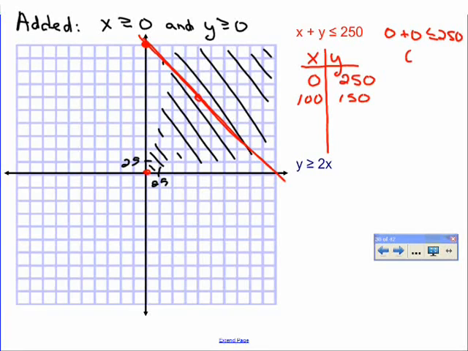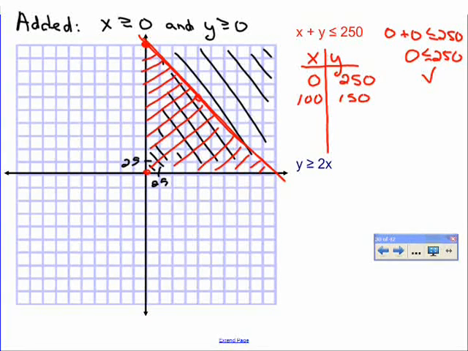And as a matter of fact, 0 is less than or equal to 250. This is confirmed. And so the shading goes towards that particular test point. So there's the shading for the inequality x plus y is less than or equal to 250.